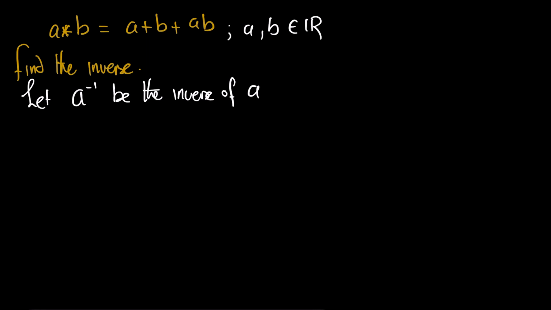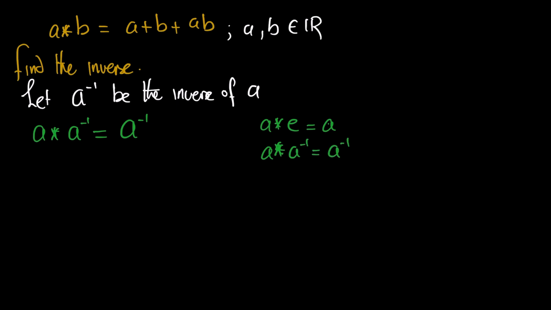The property says that A star the inverse of A should also give you the inverse of A. This is different from the identity element, where you have A star the identity element; it doesn't give you the identity element, it actually gives you A. But now if you have A star the inverse of A, we are saying it should always give you the inverse of A. That's a property we are going to make good use of.